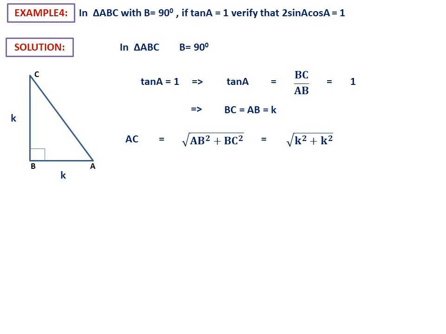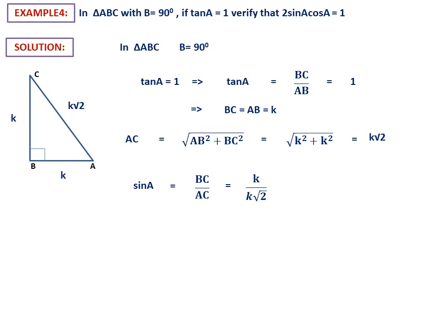Therefore, that is K square plus K square, because AB is also K, BC is also K. So, this is 2K square, or K root 2. Therefore, AC is K root 2. So now we know all the three sides in terms of K. Now find sin A. What is sin A now? Opposite by hypotenuse. Opposite is BC, divided by hypotenuse AC.